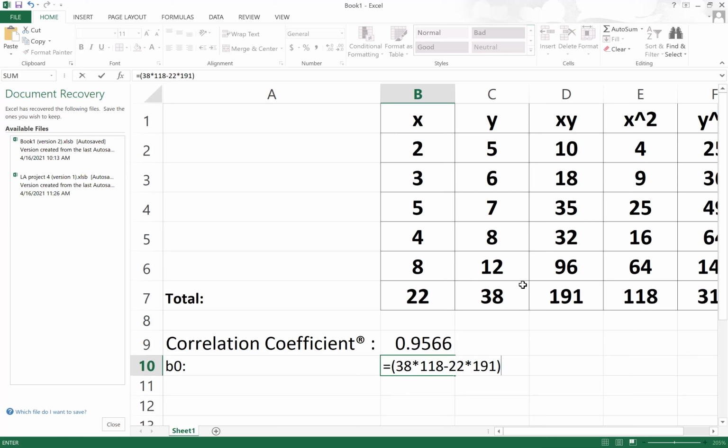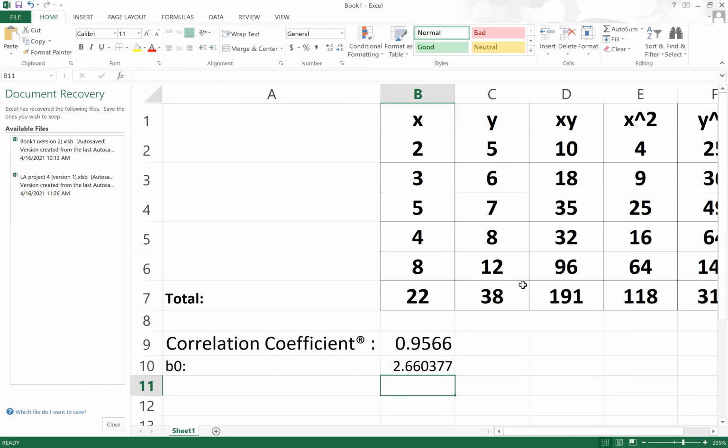That is the numerator, and we divide by the denominator: sample size 5 times total of x squared, 118, minus total of x squared, 22 squared. Once you put in the numbers correctly, we should get a result.